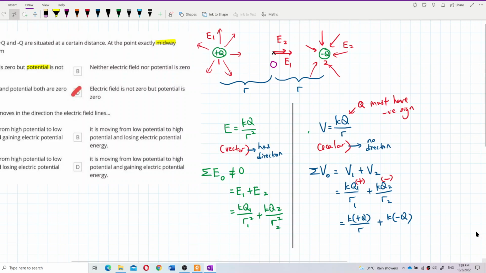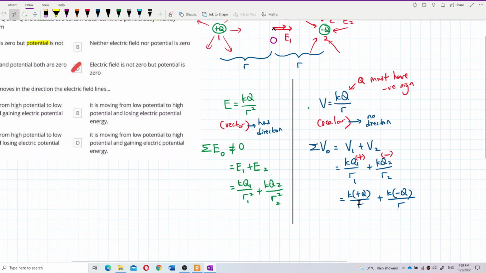So positive KQ over R and negative KQ over R cancel each other. It becomes 0, potential becomes 0, understand?